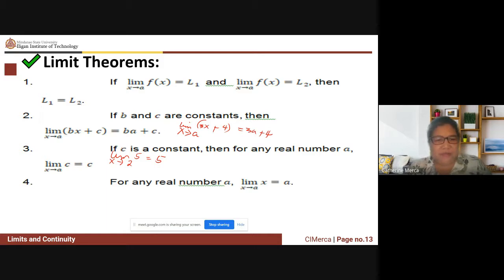See the next one. For any real number a, limit of x is equal to a as x approaches a. So pareho yan, except that this time x approaches a.